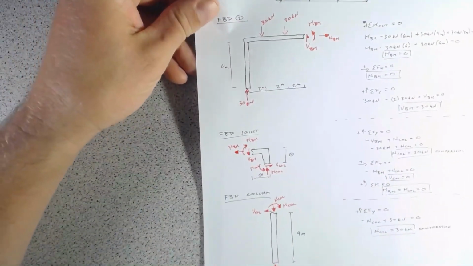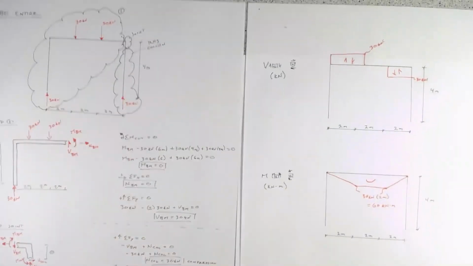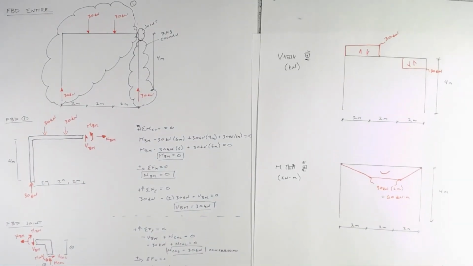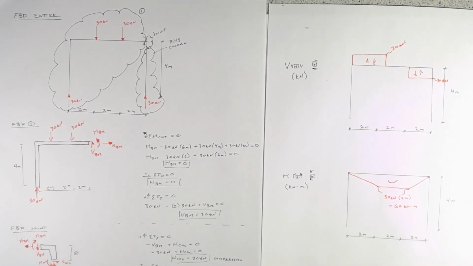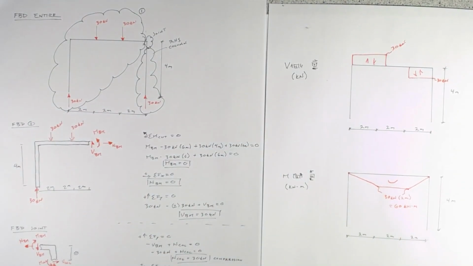So this is our shears, our axial loads and our internal bending moments. And then we can use those values plus the rules for the relationship between shear and bending moment in order to plot this up. And if ever we don't know what the value is of one of these actions, we can always go back to taking free body diagrams to determine it.